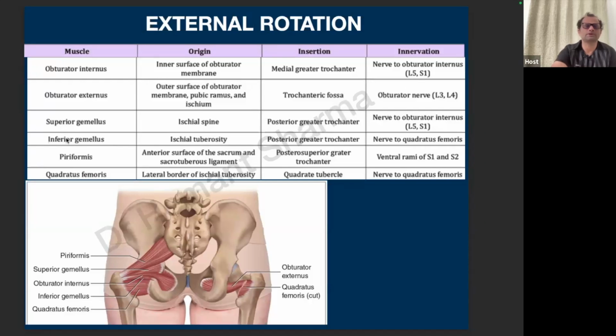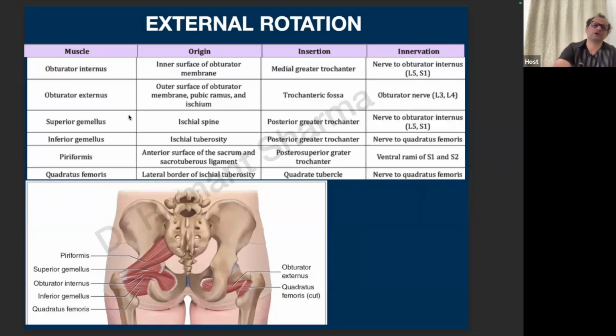The superior gemellus and the inferior gemellus also get nerve supply from the obturator internus muscle. But there is one other nerve, for quadratus femoris. Here we have to remember the piriformis. Piriformis is from S1, S2, okay, and the quadratus femoris has its own nerve, the nerve to quadratus femoris.